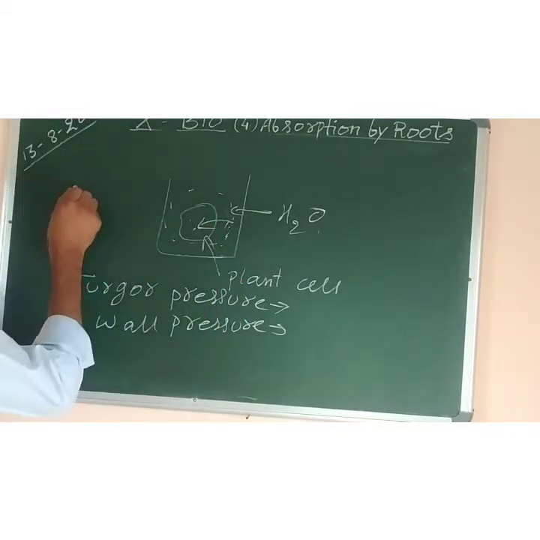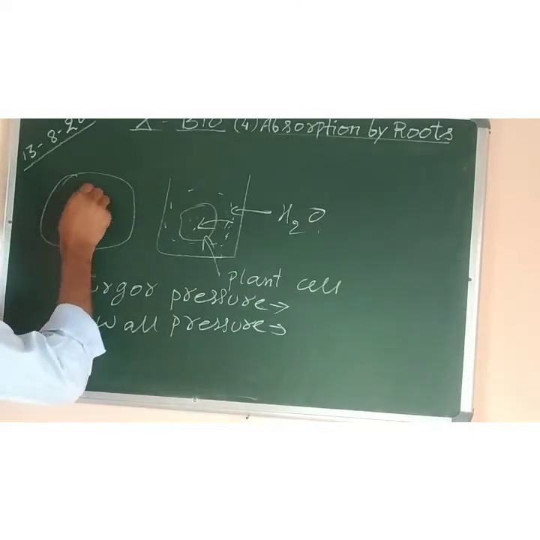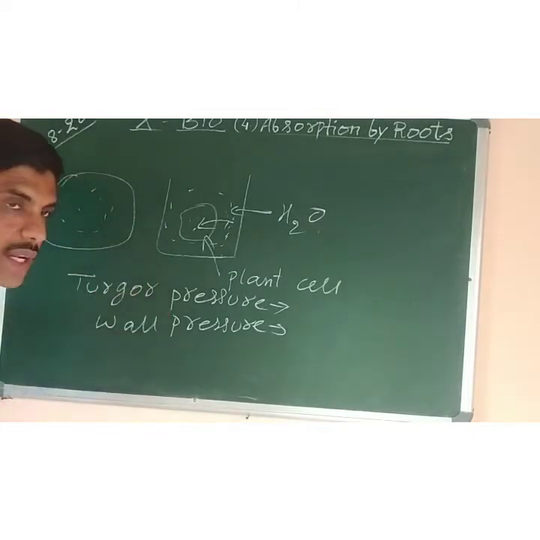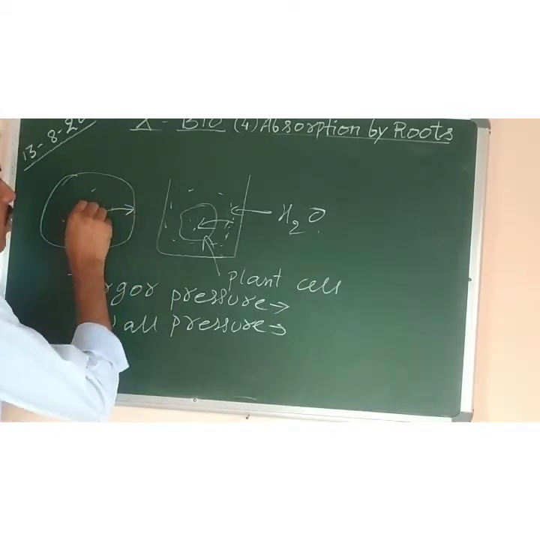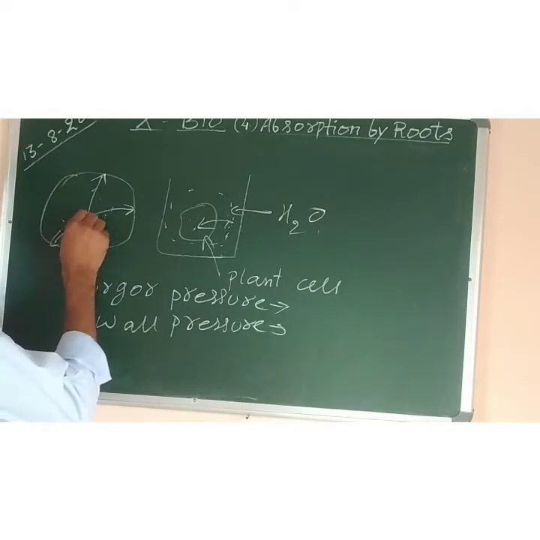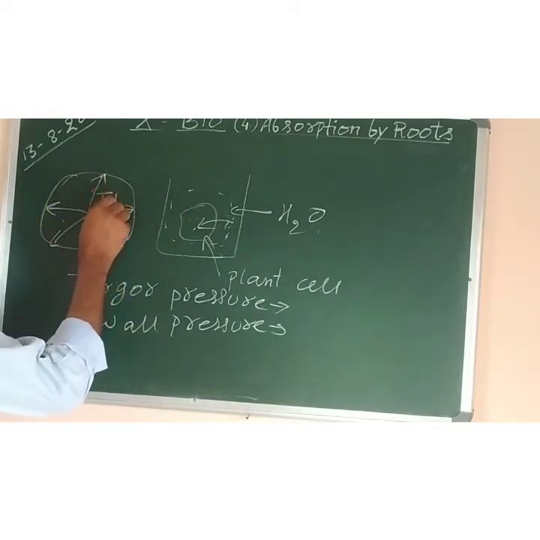I'll draw it here so that you can understand. Suppose this is the plant cell. Inside the cell we have the cytoplasm, vacuole and all the cell organelles. So the pressure which is applied by the cell contents on the cell wall, this outward pressure, is known as turgid pressure, TP.